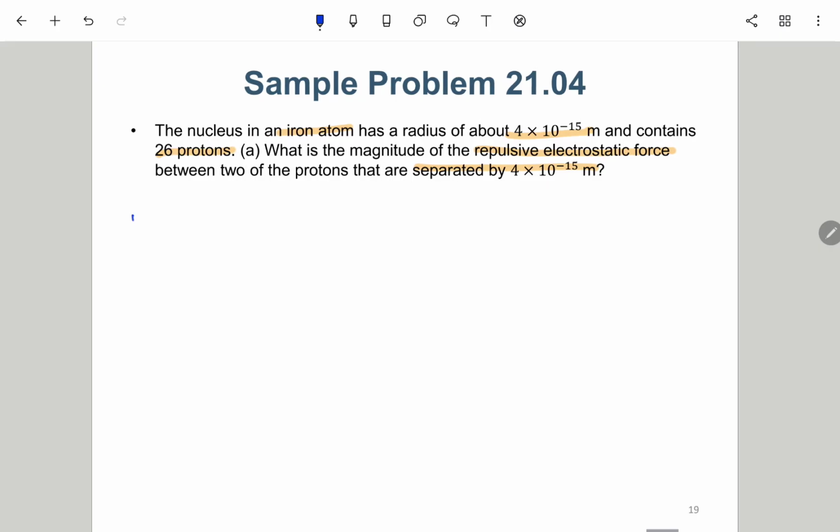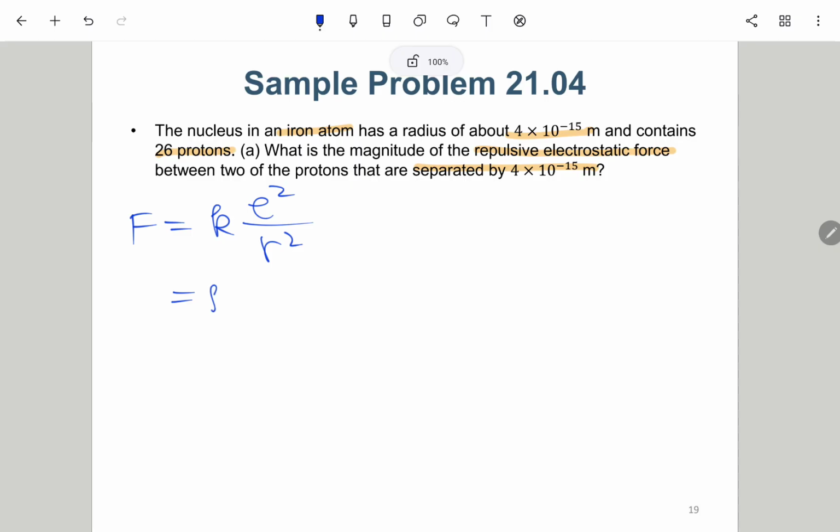Actually F equals K times E square over R square. Both of them are protons, so both of the charge elements are positive E. So Q1 Q2 is E times E, which is E square.